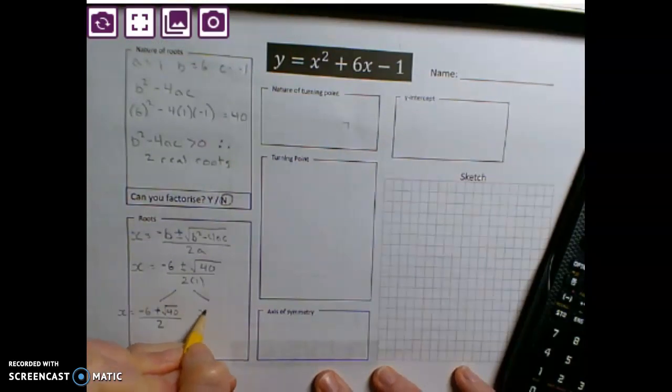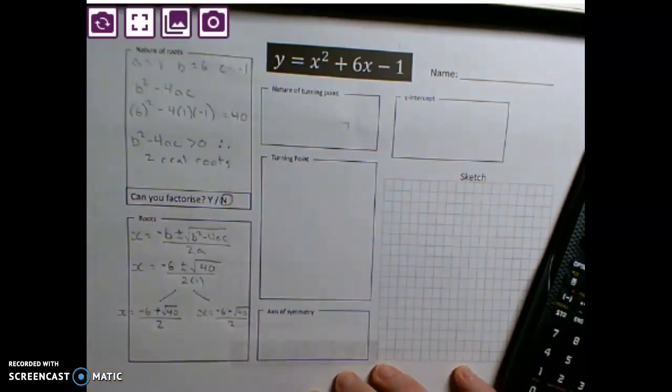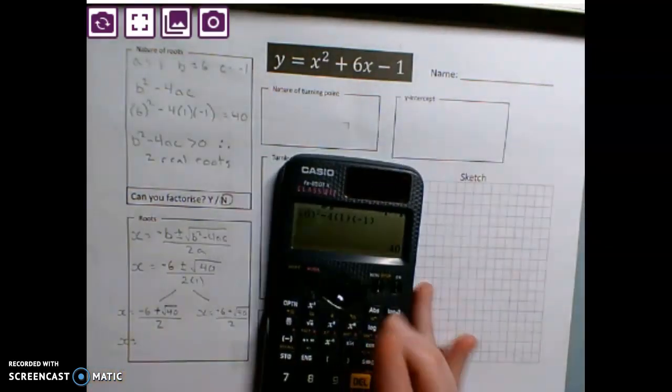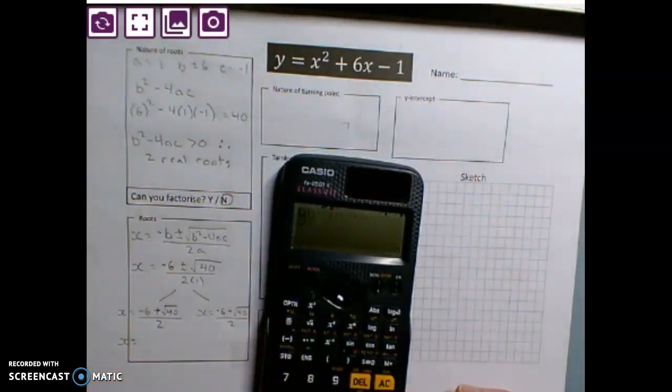And then we have x equals negative 6 minus the square root of 40, all over 2. Here, we can type those in our calculators, and I'm going to put it to 2 decimal places. So I'll enter negative 6 plus the square root of 40, all over 2.